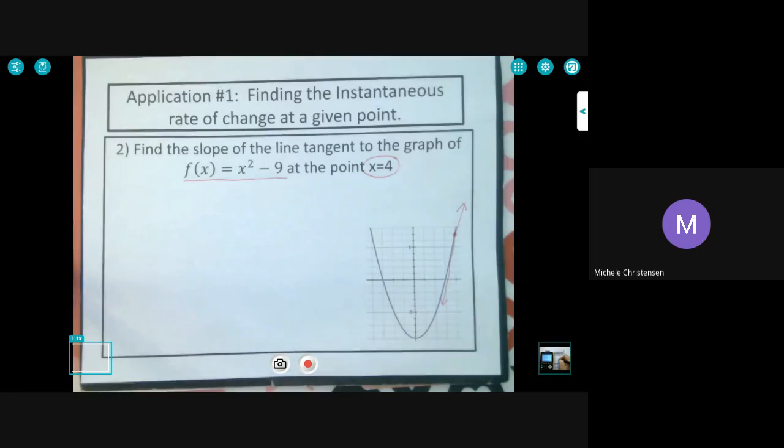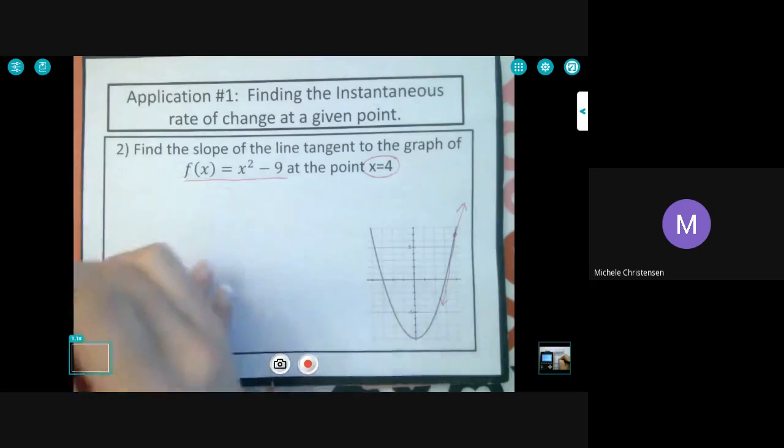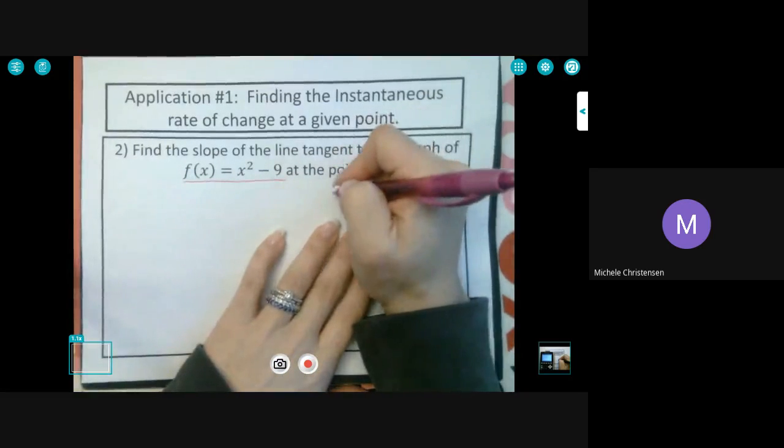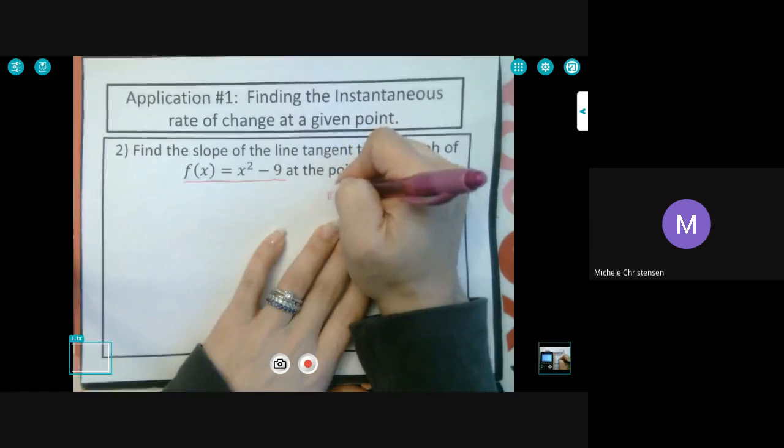We can't just count the rise over run on the graph because it's only at one point, and you need another point to do rise over run, which is why we use the limit formula. So our limit formula, I'm just going to rewrite it over here. So m, the slope, because that's what it finds.